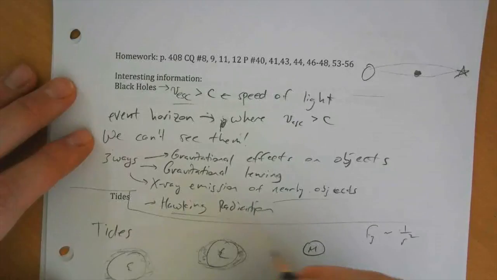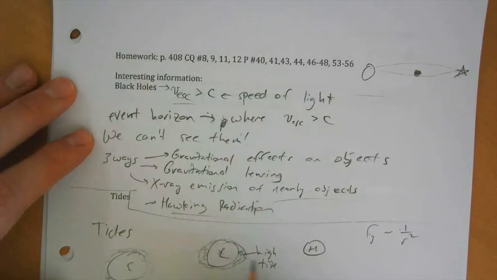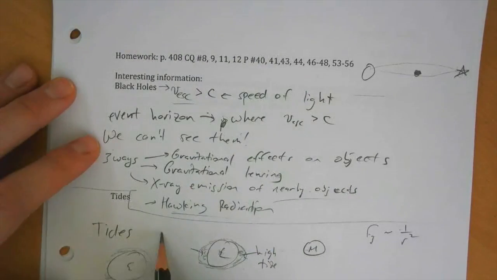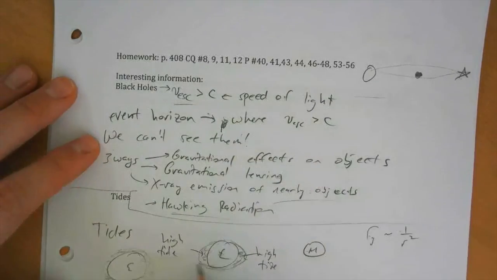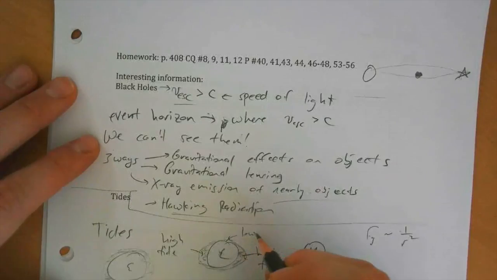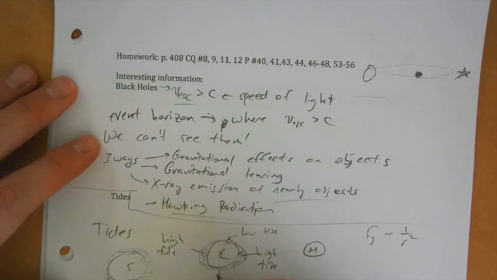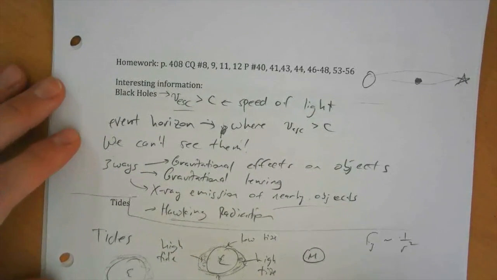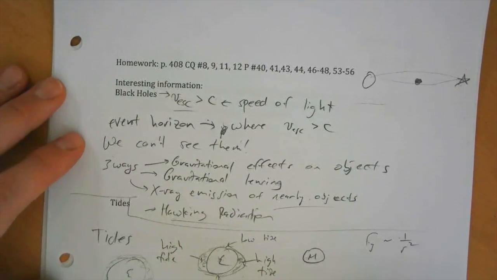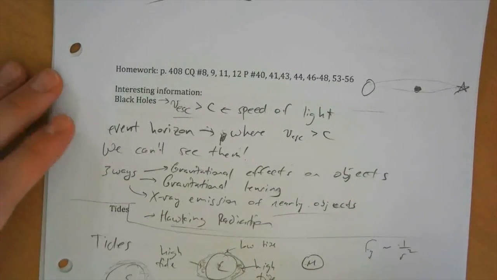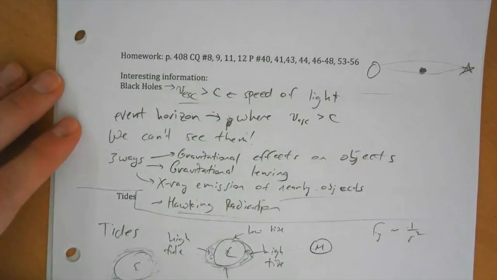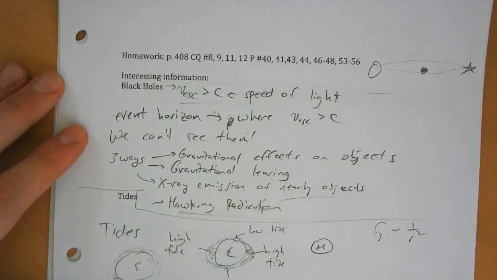So at points on the line between the moon and the Earth, you get high tides, both on the side facing the moon and on the side opposite the moon. And at the points that are 90 degrees away, you get your low tides. That's why tides happen. They're a difference in the gravitational field from the moon between the two sides of the Earth.